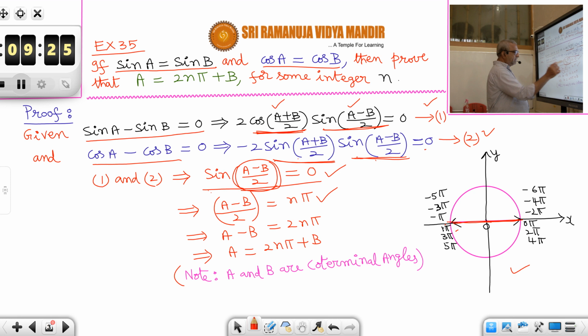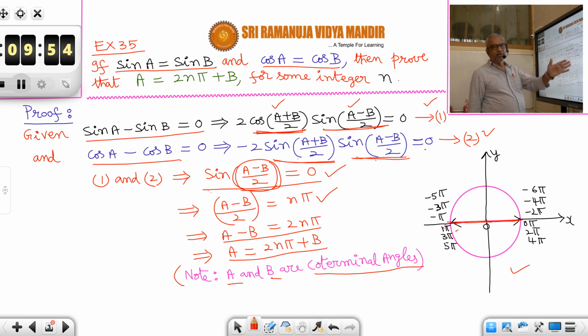So A is equal to 2n pi plus B. Here I have written a note. If the difference of two angles is an integral multiple of 2 pi, they are called what? A and B are called coterminal angles. So coterminal angles will have the same standard position, is it not? Same standard position.